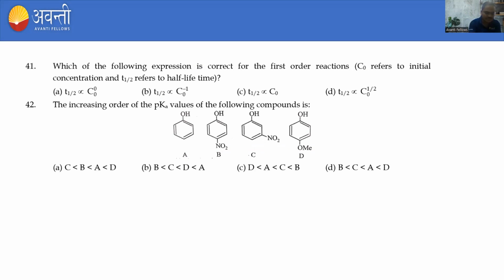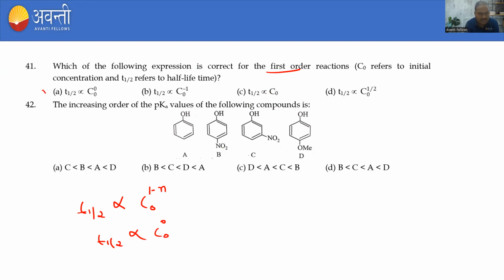We know the very simple relation: t half is directly proportional to C naught, the initial concentration, raised to the power 1 minus n. Here we have first order, so the n value is 1. So t half is directly proportional to C naught raised to the power 0.